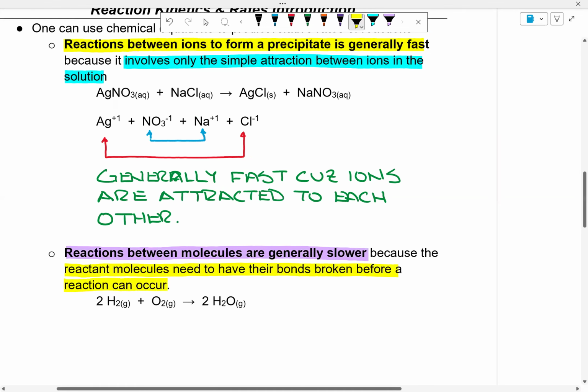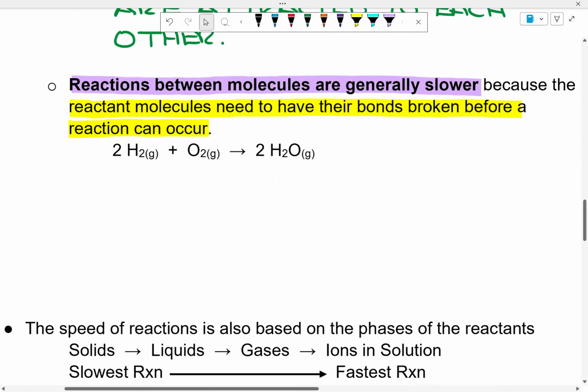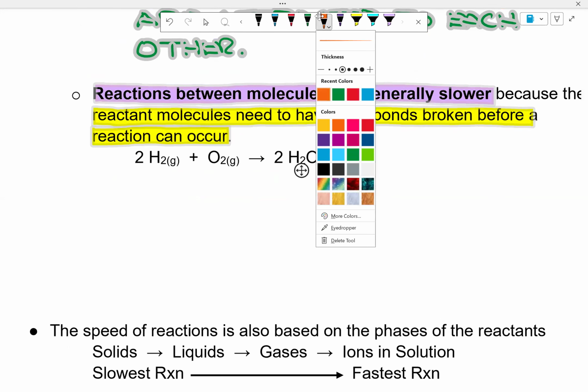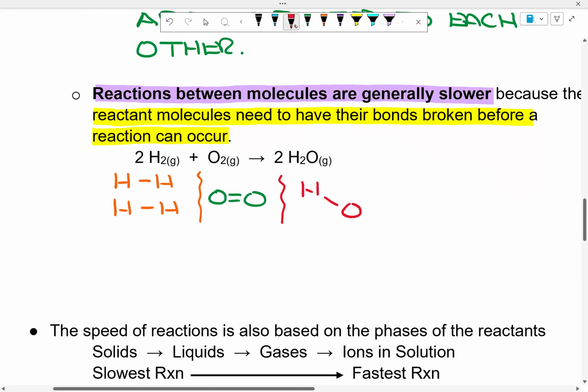Now, this goes back to when you were in chemistry 11, Lewis dot structures. If we look at hydrogen, it would be hydrogen, hydrogen. Oxygen would be O double bond O, and water would be HOH.